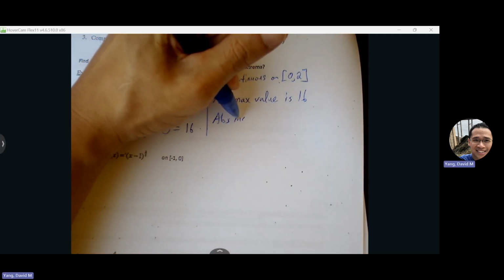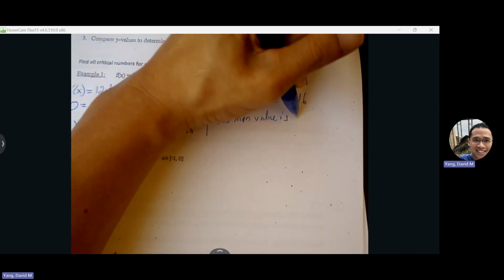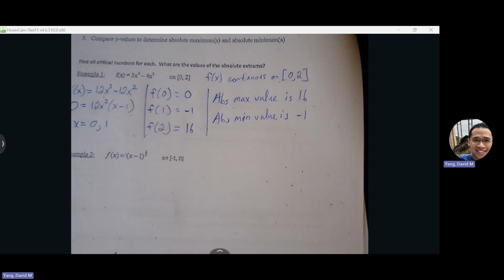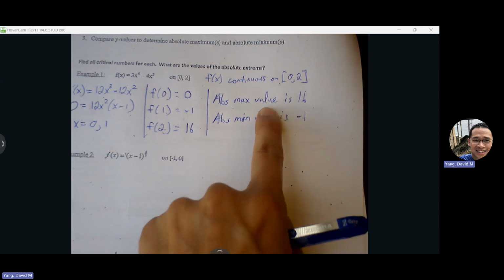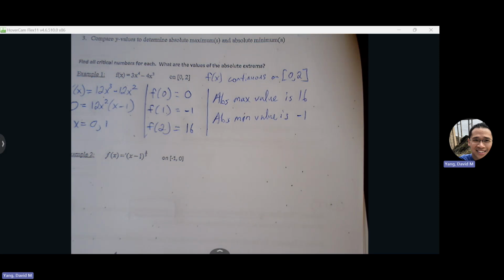Absolute min value is -1. And the reason that I want us to do that is I want us to connect the word value with y value. Value is y value. You wish that on the AP exam, they would just specify it. They would just say, what's the absolute max y value?